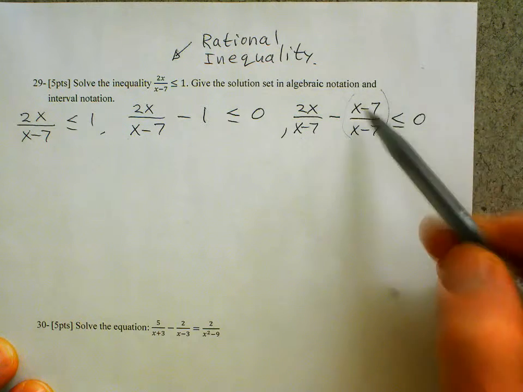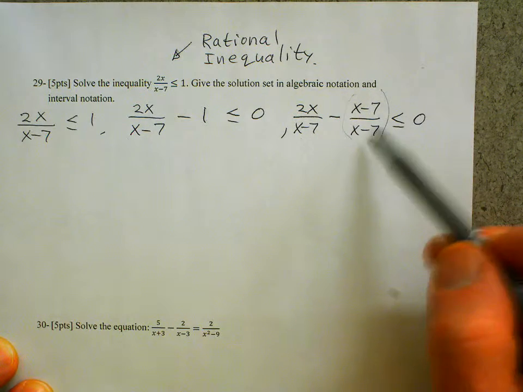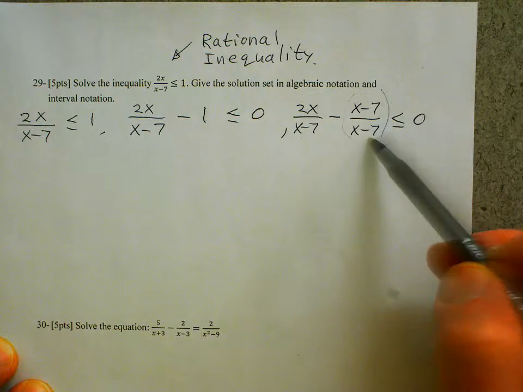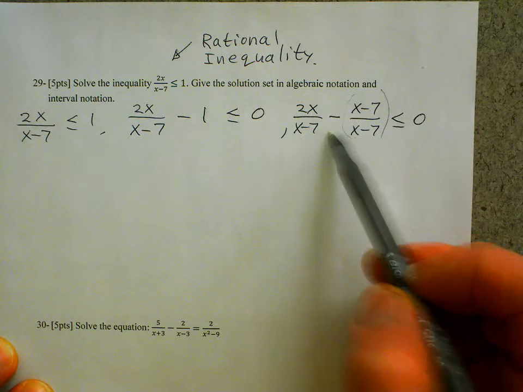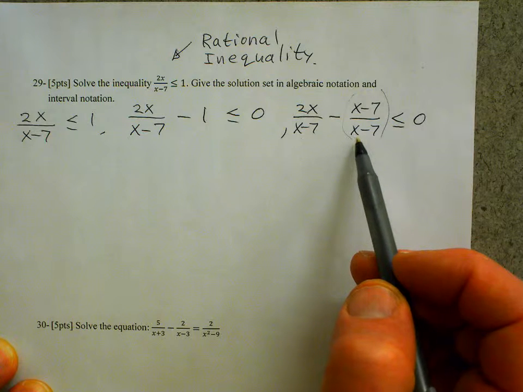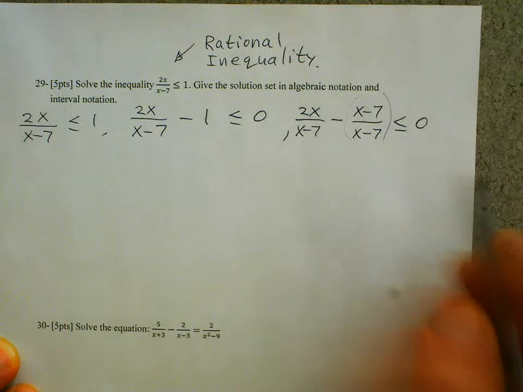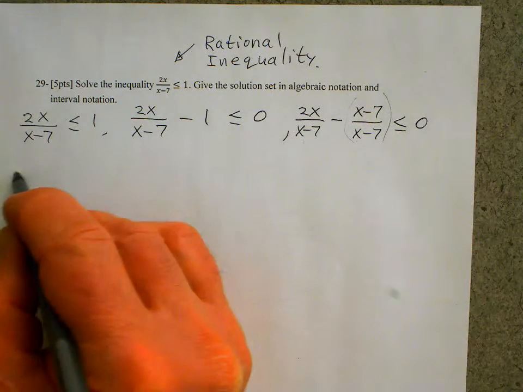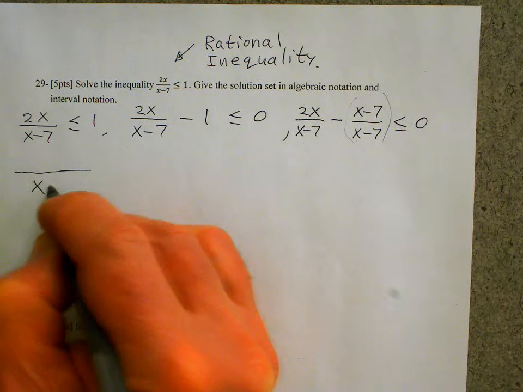So as long as x does not equal 7, x minus 7 divided by x minus 7 is 1. So we're just subtracting 1. Okay, the next part, though, you'll have to make sure you're careful with a common denominator of x minus 7.